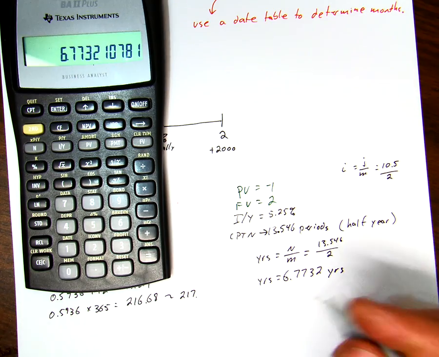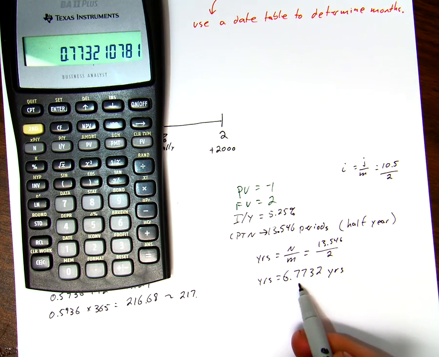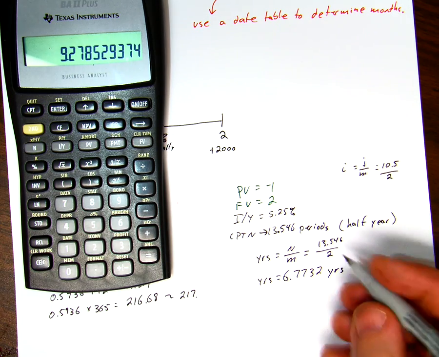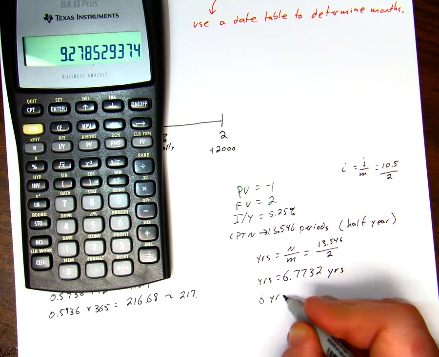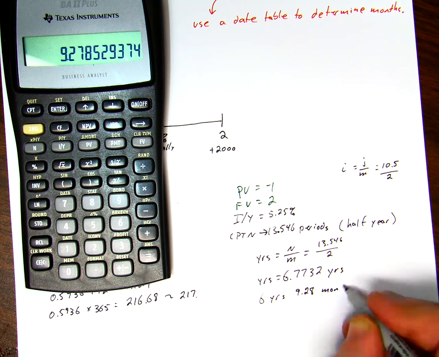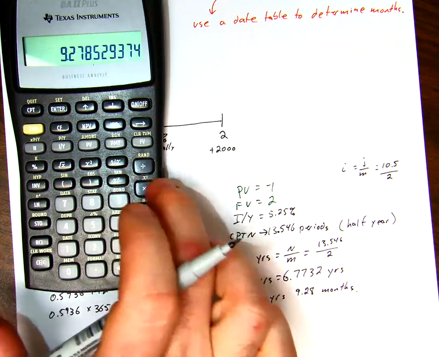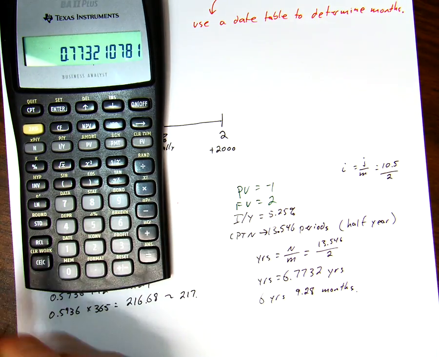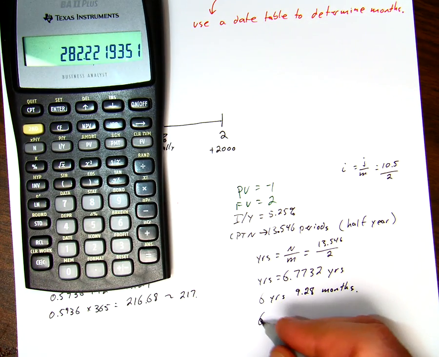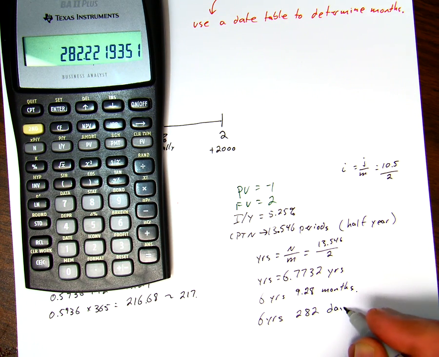Second, again, we're going to minus the 6, so we get 0.7732. We multiply by 12, and that equals 6 years, 9.28 months. Or if we multiply by 365, it would be 6 years, 282 days.